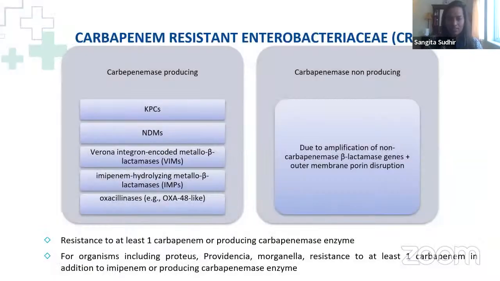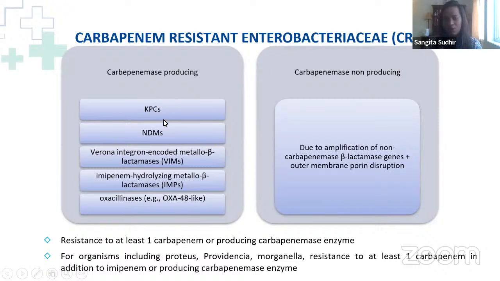So let's talk about carbapenem resistant Enterobacteriaceae. As I already said, resistance to at least one carbapenem, or if the organism is producing a carbapenemase enzyme, is considered to be a CRE.